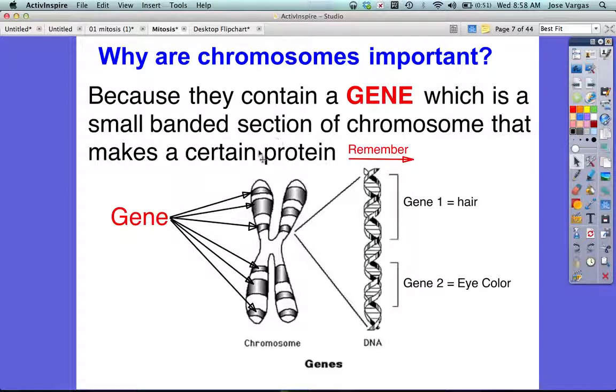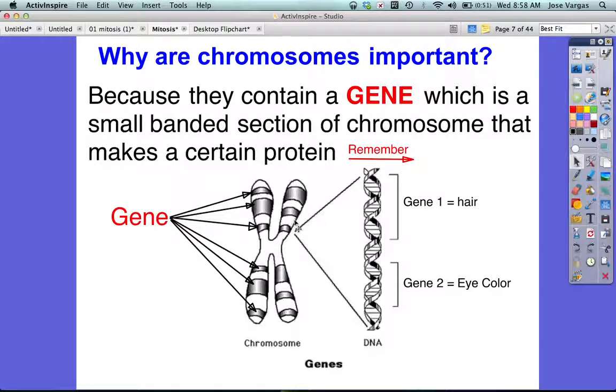genes make proteins. So here we can have a gene, and a different gene, and a different one, all of them coding for something different. For example, maybe this one is about the hair and how it looks, and maybe this other gene is about the eye color.